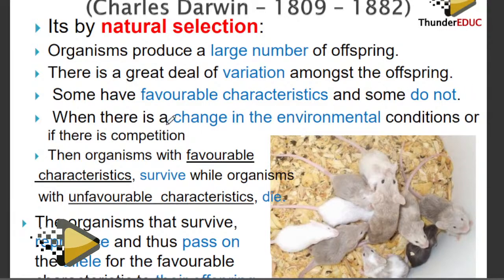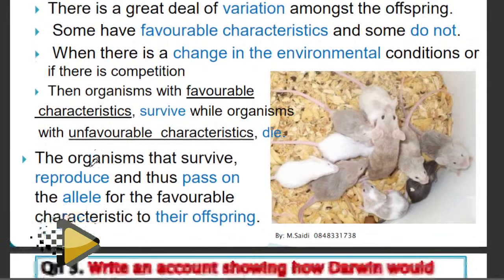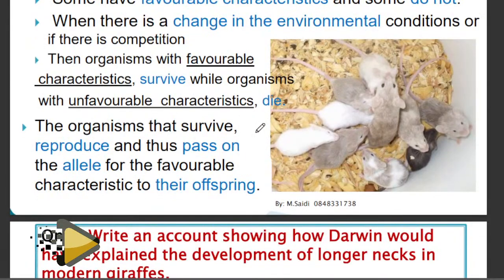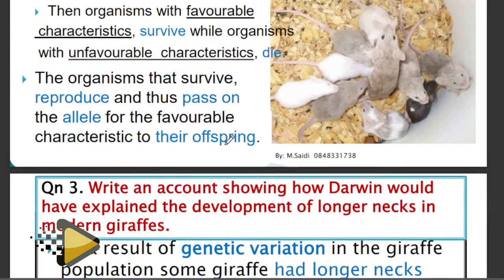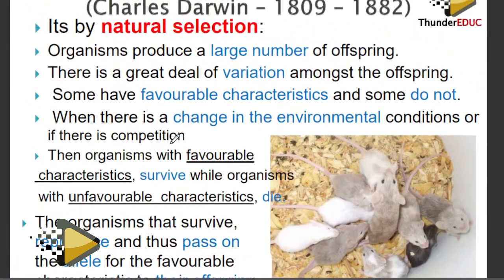When there is a change in environmental conditions, or if there is competition, the organisms with favorable characteristics will survive and those with unfavorable characteristics will die. Those which survive will reproduce in large numbers, thus passing their alleles to their offspring in the next generation. Basically, they are asking you to just describe the process of natural selection. That's it.